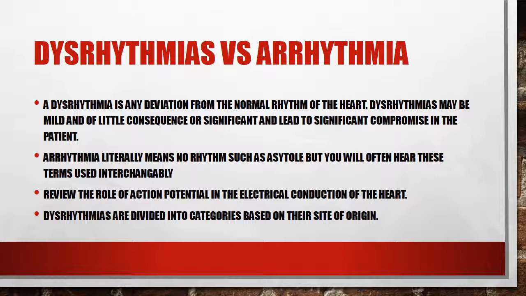And that would be literal. But what I have to tell you is that in the real world, you will hear these terms used interchangeably to mean a rhythm that is not normal. So we're going to talk a little bit about these, but you're going to learn so much more about these in complex care and as you go on throughout school.